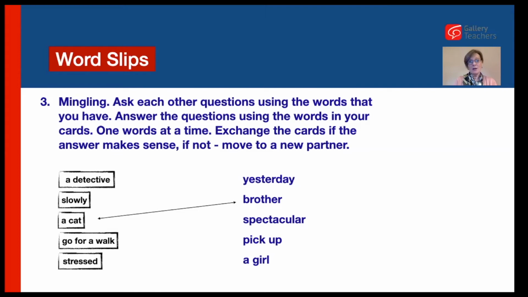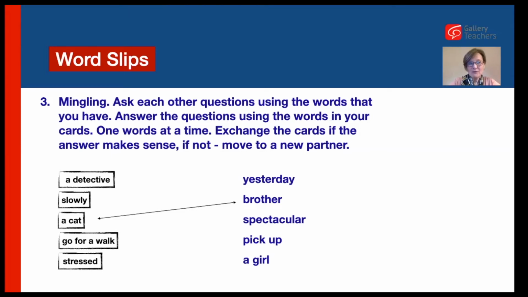And the second activity, ask a question and answer. So it's simple. But then we make it more complex by asking a set of questions using these words and answering a set of questions using your words, right? It involves creativity, it involves fast reaction, and the element of surprise. And it usually is a lot of fun for the students.